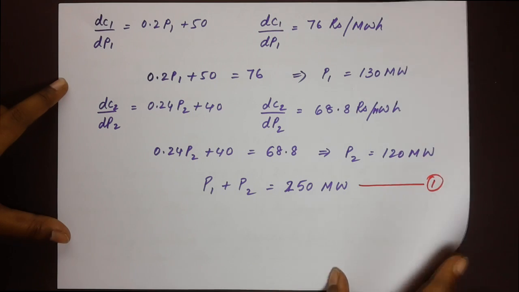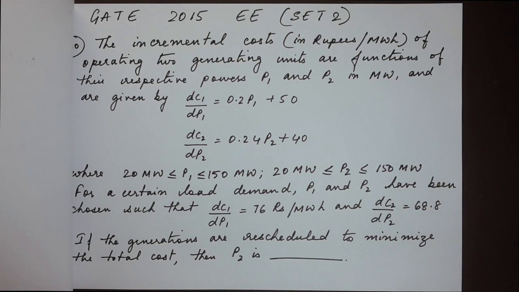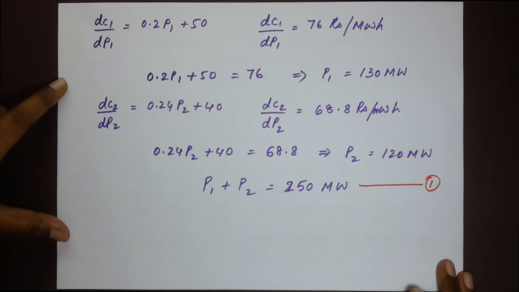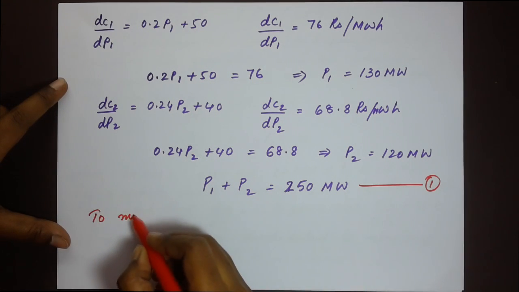Now the question says that the generating units have been rescheduled, right? If the generations are rescheduled to minimize the total cost, do you see the very last statement there? The generations are rescheduled to minimize the total cost. Now, in order to minimize the total cost, we have to equate the incremental cost equations.